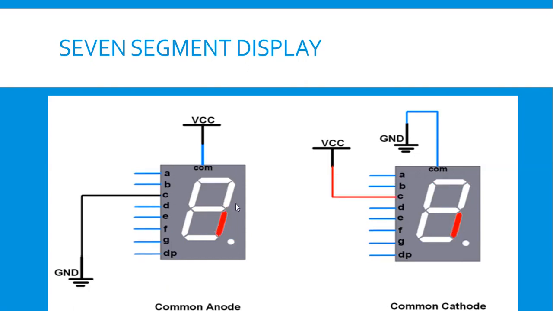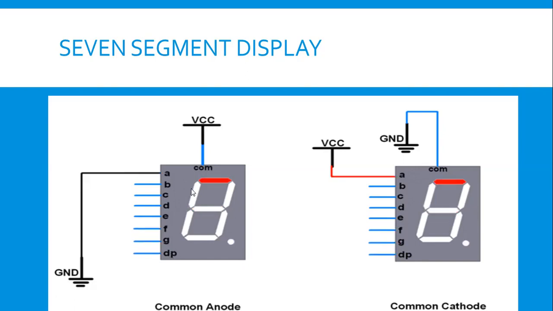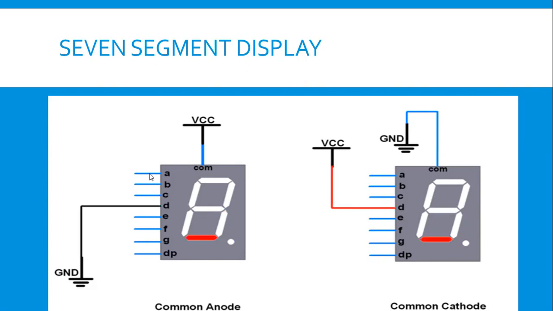In common anode, all the anode terminals of LED are shorted and connected to VCC, whereas cathode terminals are left open. Suppose if you want to light a particular segment of the display, then the corresponding cathode terminal of the LED should be grounded. And similarly, in case of common cathode type of display, all the cathode terminals of the LED are shorted and connected to ground.